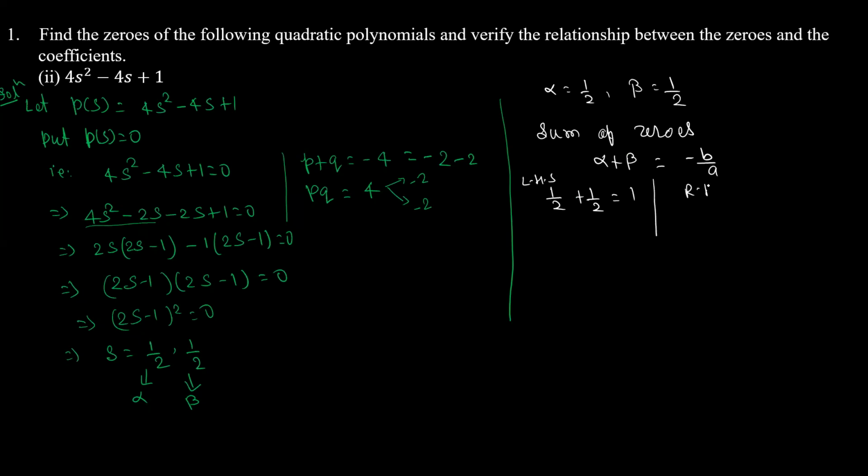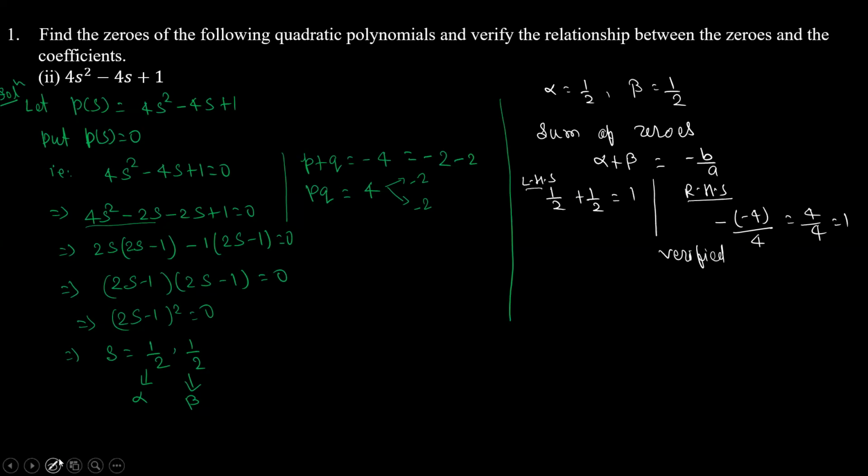This is going to be the RHS. So finally minus B by A. So minus B का वैल्यू कितना? -4. So -4, A का वैल्यू 4. So finally +4 divided by 4, this is 1. This is also verified.